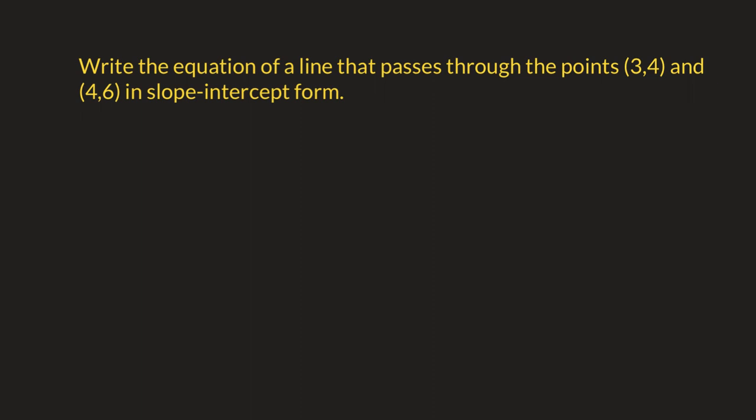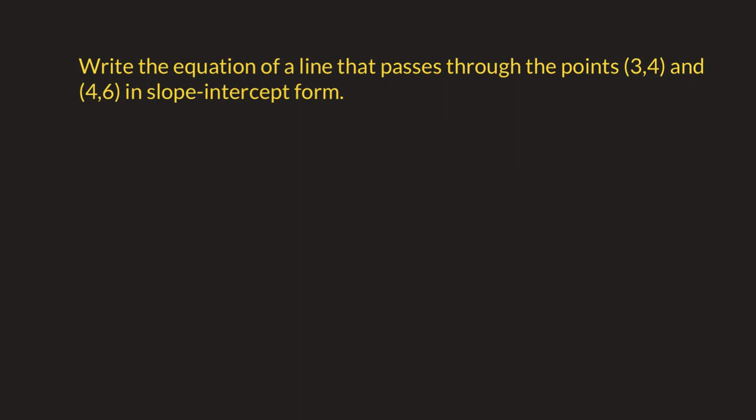They gave you 2 points. To write the equation of a line, you have to know slope. So we read this and say, okay, I don't know a slope. Do I have enough information to get slope? How many points did they give us? They gave us 2 points.